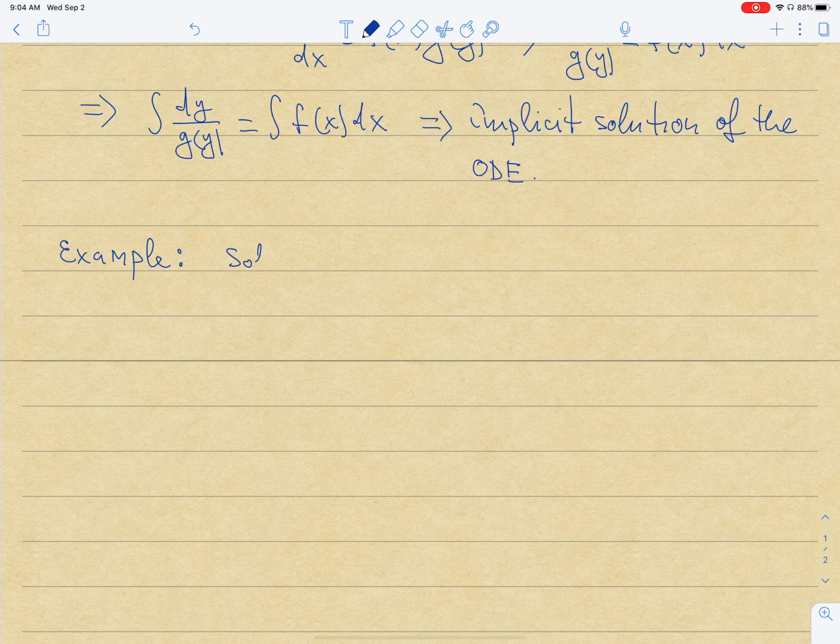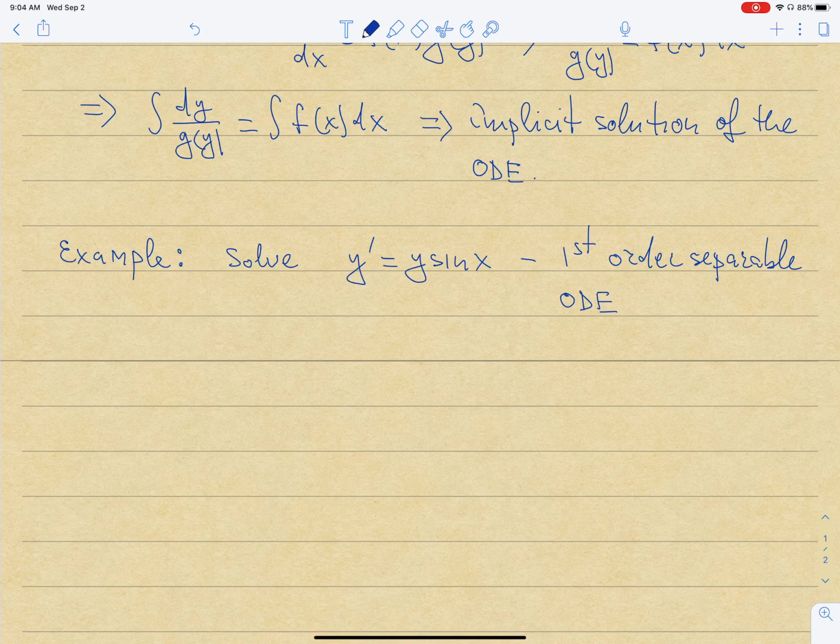I want to solve the ODE y prime is equal to y sine x. Now, clearly, this is a first order separable ODE, because the right-hand side is a product of a function of y and a function of x.